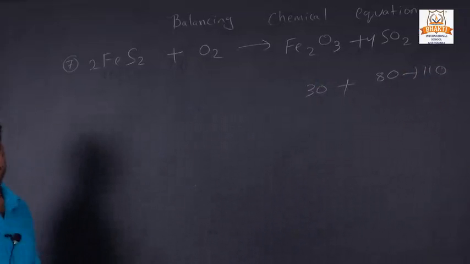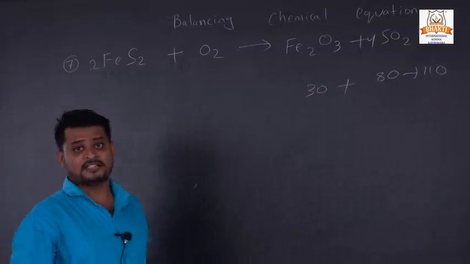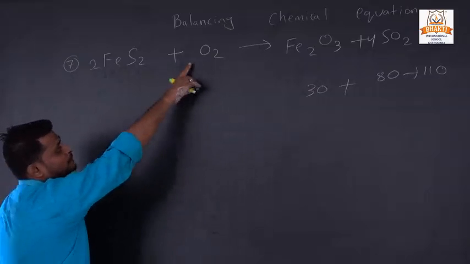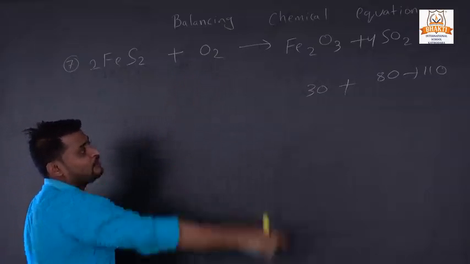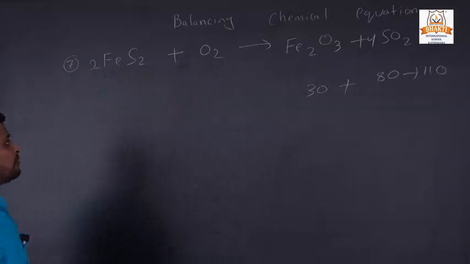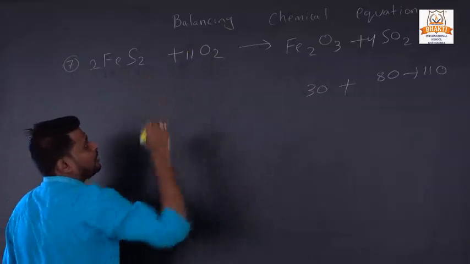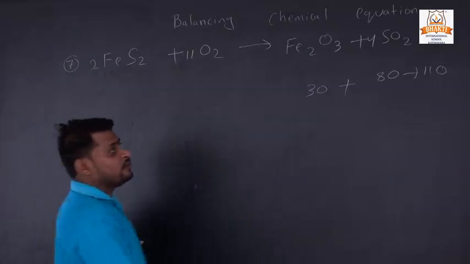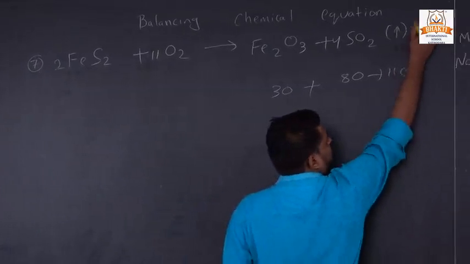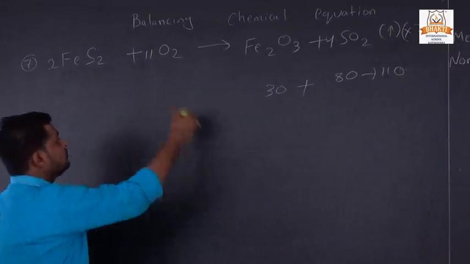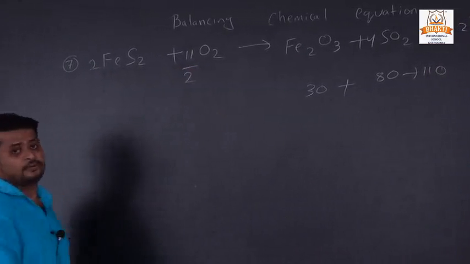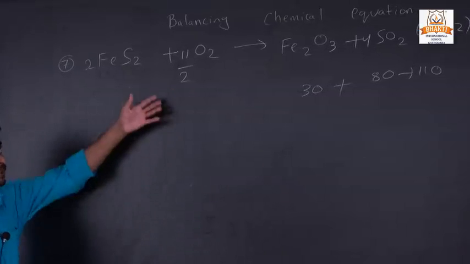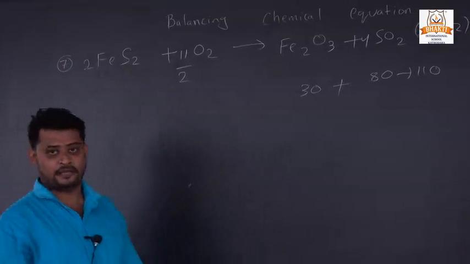So we will do same method that we have done in example number 6. There is 11. We multiply any number with 2. It doesn't give us 11 oxygen. So we multiply here with 11 and we will multiply whole equation with 2 and divide with 2. We will do in math, but we will also apply in this to balance the chemical equation.